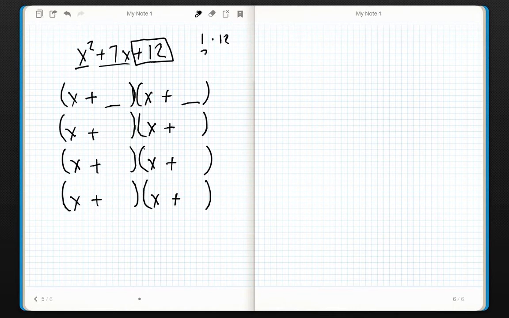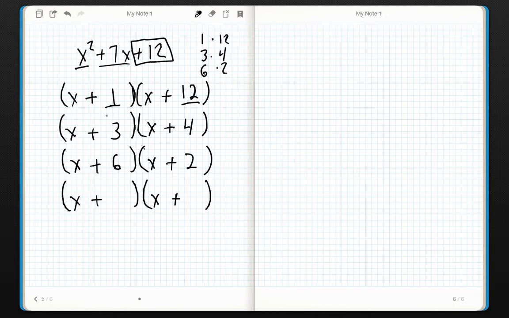We've got 3 times 4, and we've got 6 times 2, or 2 times 6. I'm going to go ahead and fill those in, because I'm going to pretend I really have no idea. I should have done 2 and 6 there, but just to keep it consistent with the smaller of the two.